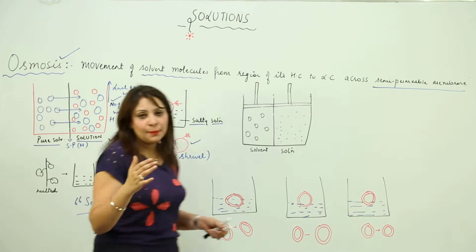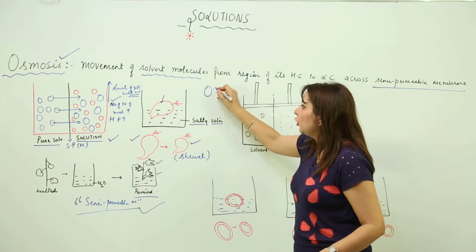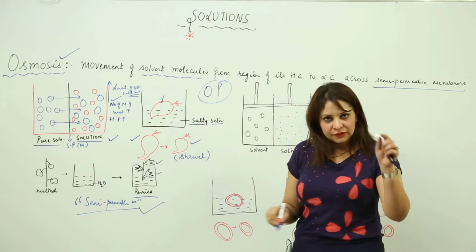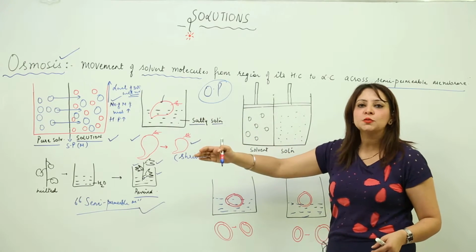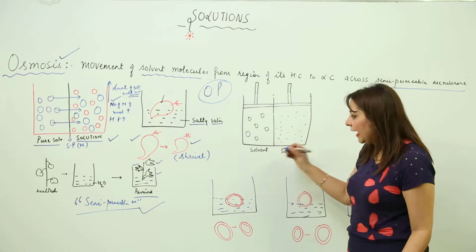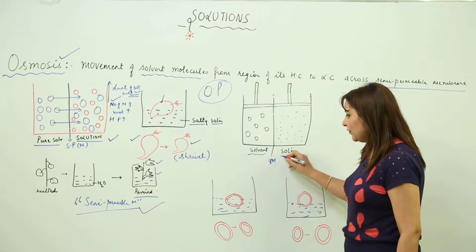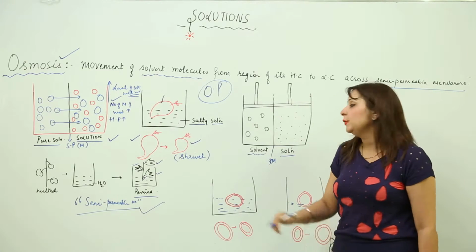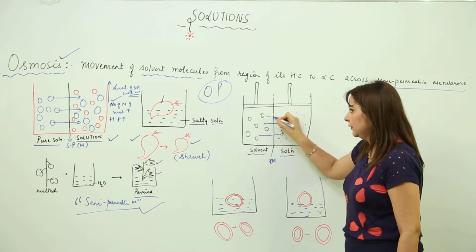Now we are going to start with a new term, that is osmotic pressure. Just look at this figure. It is similar to that, but just to explain osmotic pressure, I am considering a different figure. Again, we have a solvent, a semi-permeable membrane, and a solution. As you know, solvent particles are more on this side and less on this side, so they will move this side.